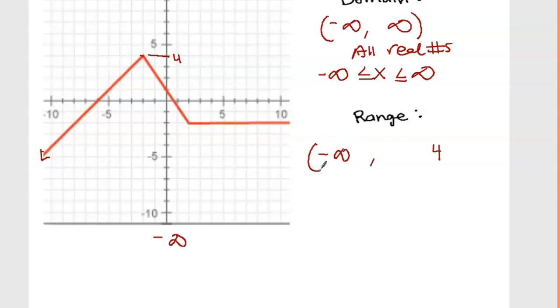Here it approaches, and here it just touches and turns around, and then you can say that it is a set of all real numbers less than or equal to 4. So if we want to get y involved, it is just y less than or equal to 4. This one is good, but in case you still want to bring the infinity in there, you can also do that. So here it's less than or equal to, but here is greater than or equal. The two statements all mean the same.